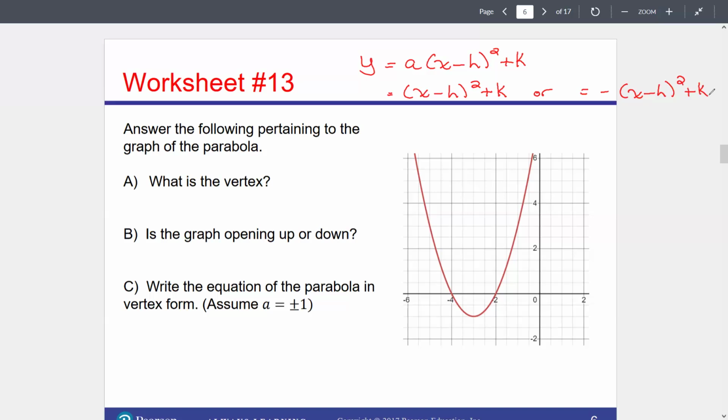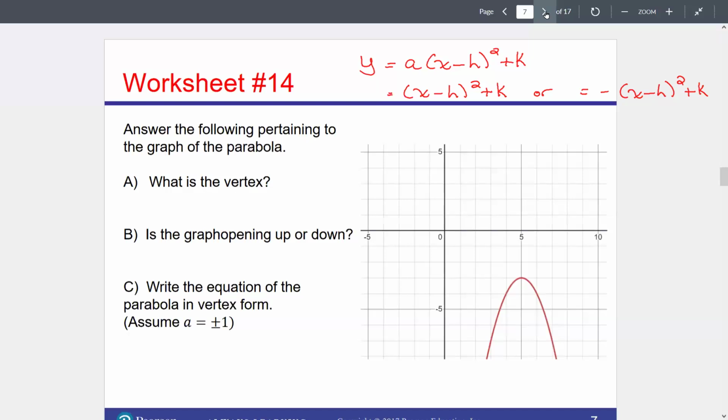You just have to tell me is it positive or negative, because is it opening up or opening down? And the same for 14. So take a minute, work on those, and then we'll come back and finish that part out.